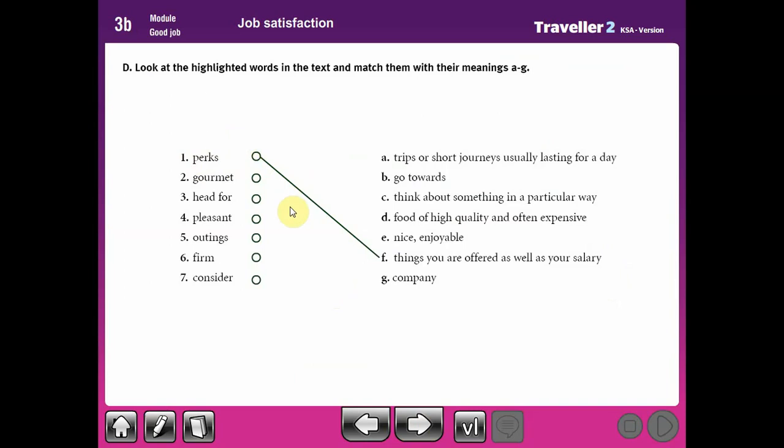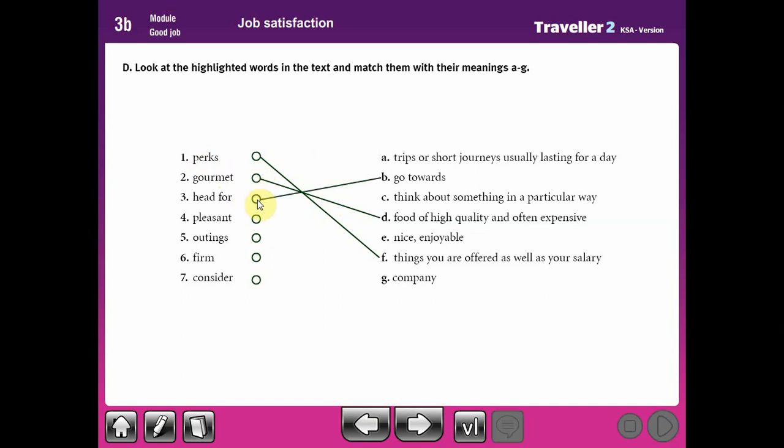So when you take some money or some extra money with your salary or in addition to your salary, these are perks. We have here gourmet, and gourmet means food of high quality.